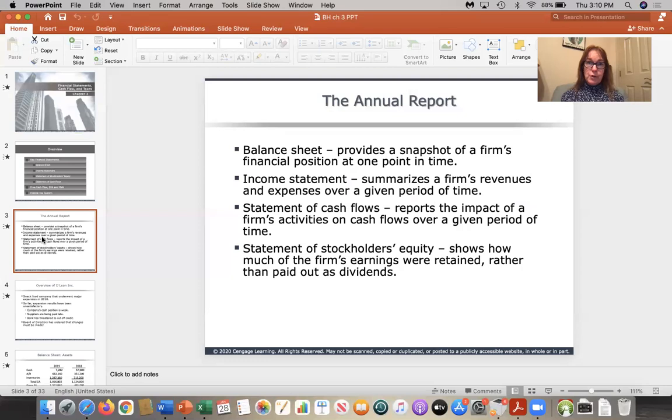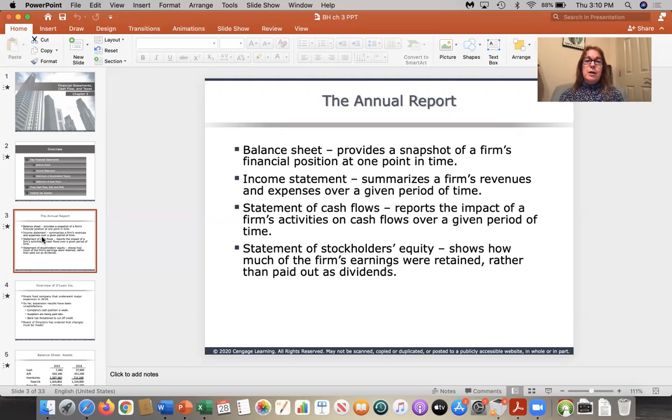They're basically trying to figure out your net worth. From a personal perspective, on the left-hand side you would list what you own: your car, maybe some bank accounts, some personal property, a house if you own a house. List everything that you own.